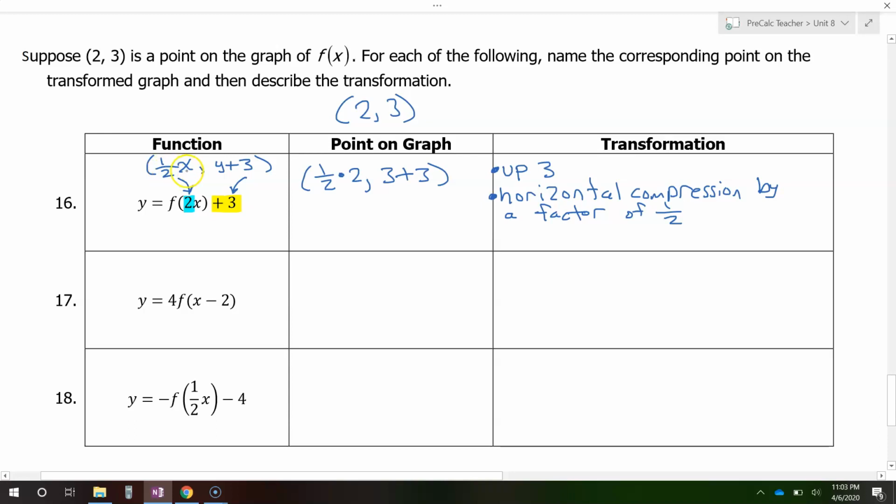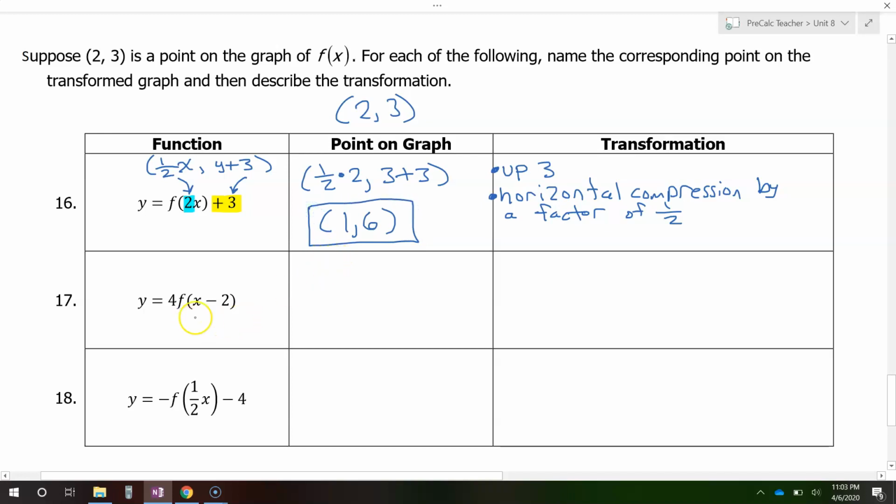I'm taking half of the x and adding 3 to the y value. Half of 2 is 1, and 3 plus 3 is 6. So that's going to give me the point 1, 6.